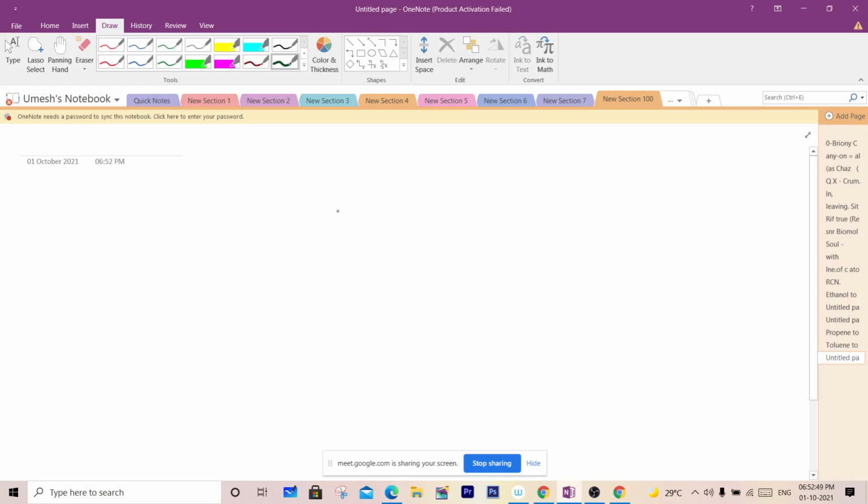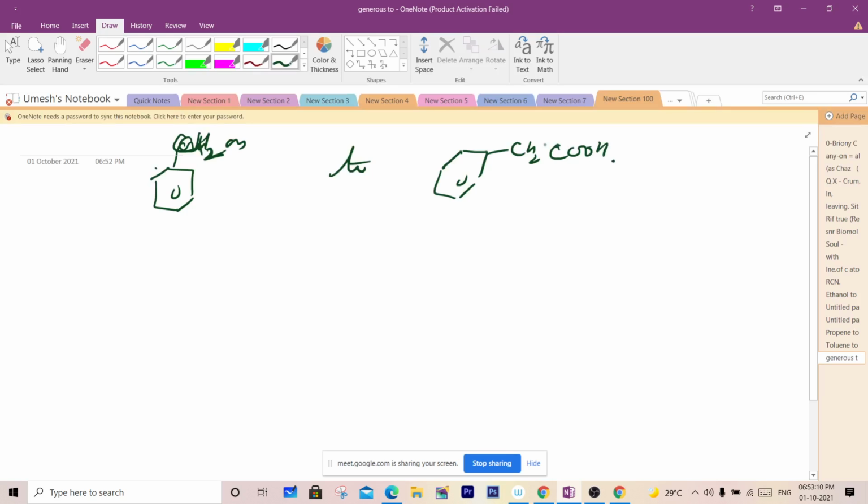Okay. Now convert benzyl alcohol, I repeat, benzyl alcohol C6H5CH2OH, to 2-phenylethanoic acid. I have drawn the structure.